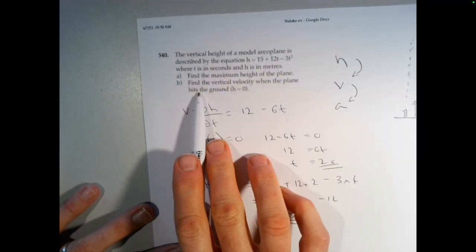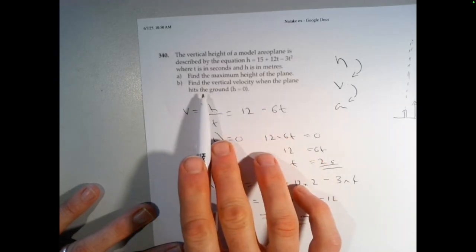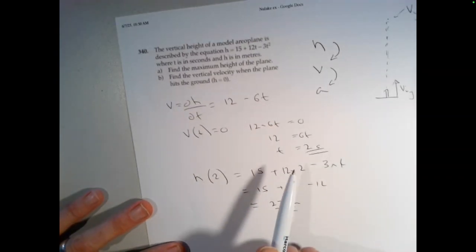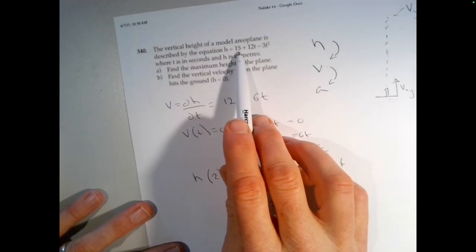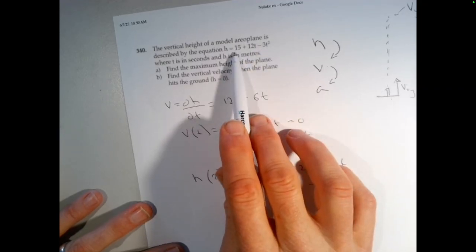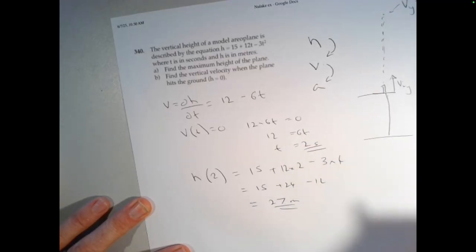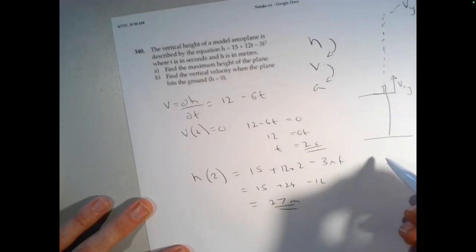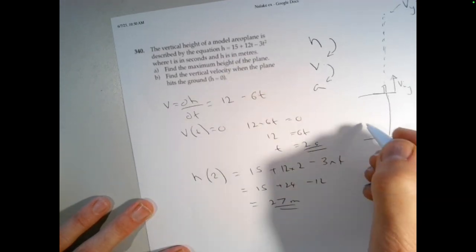Okay, find the vertical velocity when the plane hits the ground. Now, by the way, this is slightly drawn incorrectly. At time equals 0, if you put 0 and 0 there, it's already 15 meters above the ground. So you can argue this thing's on a cliff top, and the height of the cliff top is 15 meters.